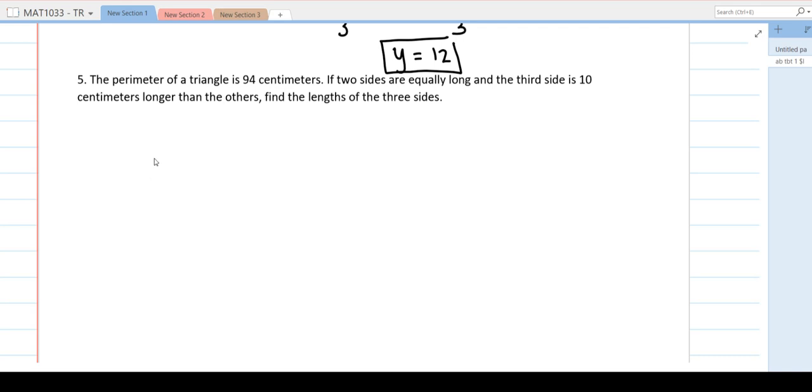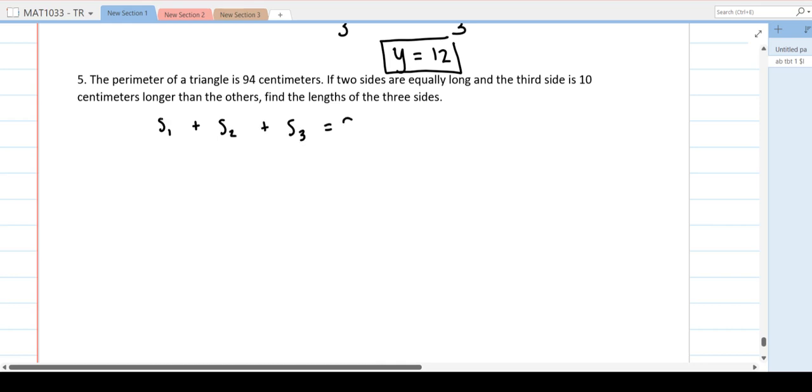Anyway, this one you would just draw this out. So you got, the perimeter is adding the sides, right? So you got side 1, side 2, side 3, 94. All right, 2 of the sides are equally long. The third side is 10 centimeters longer than the other. You could draw this out, or you could do this. 2 of the sides are equally long.